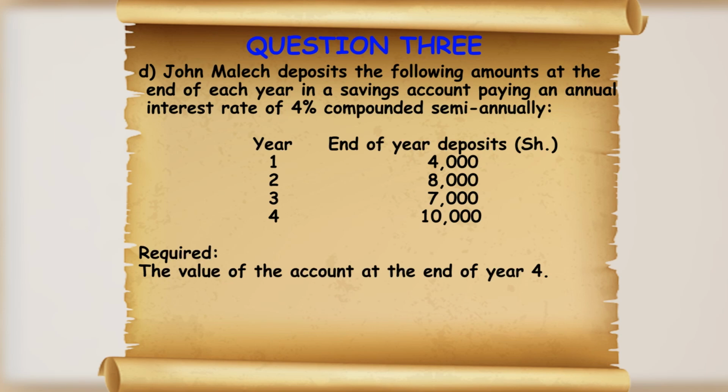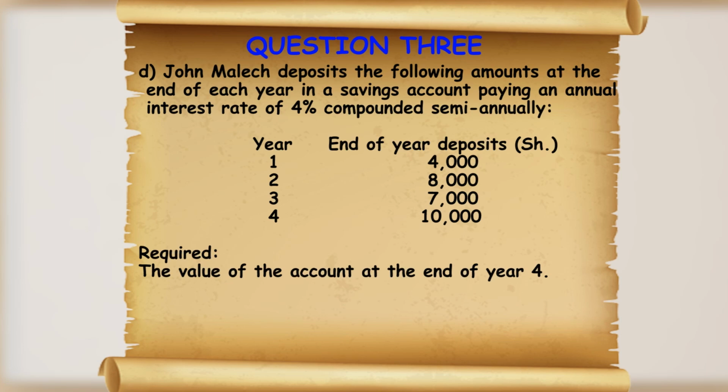Depositing money at the start and at the end of the year, the calculations are different. So you underline that. Then we can apply this formula; we need to calculate the future value of these deposits after 4 years.